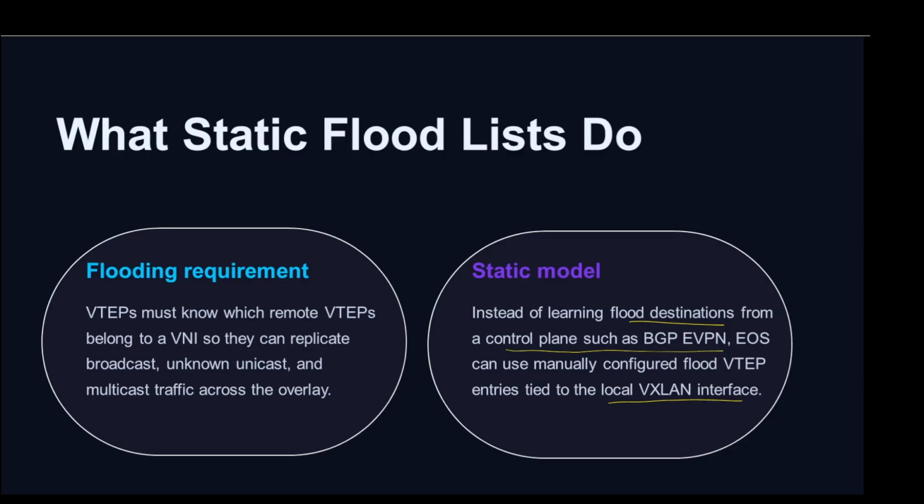For example, if we receive an ARP request, we define the remote VTEPs to which the ARP request will be sent. The local VTEP will create a unicast UDP packet towards those remote VTEPs, and that's what we will be configuring in our lab as well.